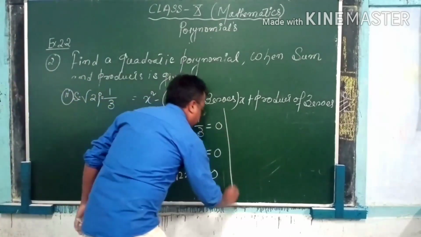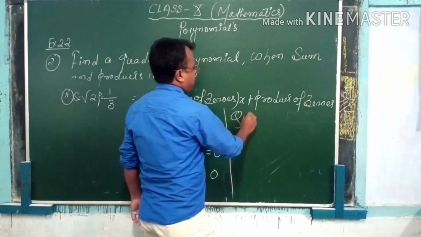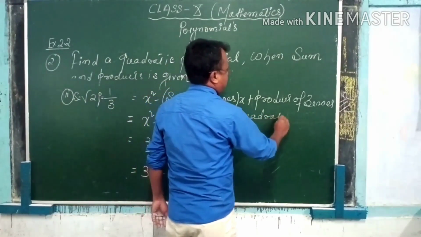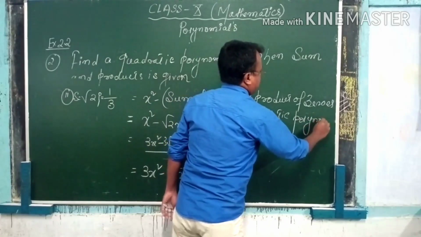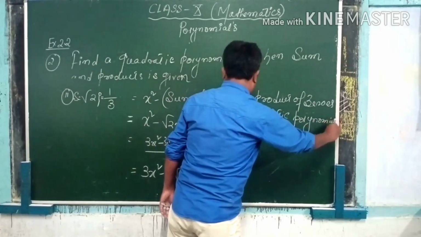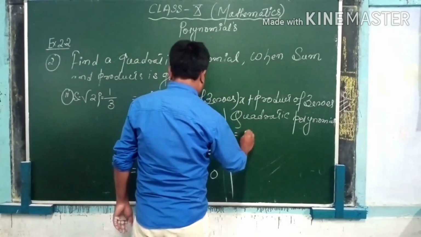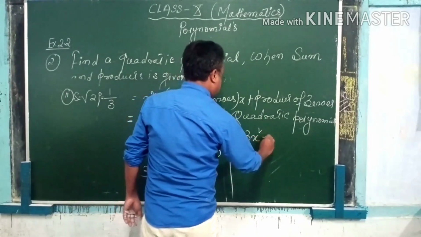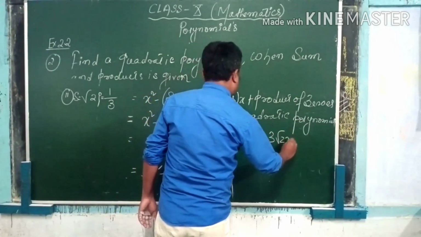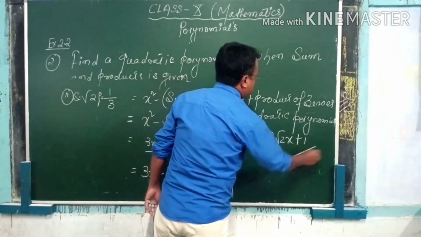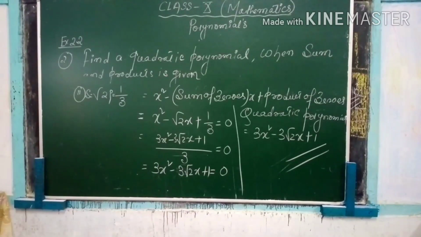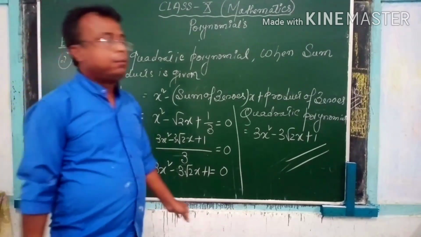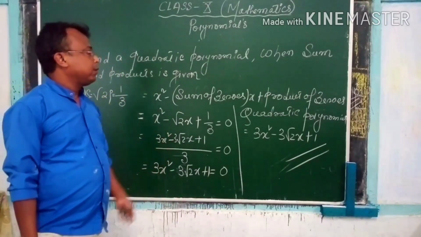Now the quadratic polynomial is 3x square minus 3 root 2x plus 1. So this is the quadratic polynomial. So we have just now completed this one.